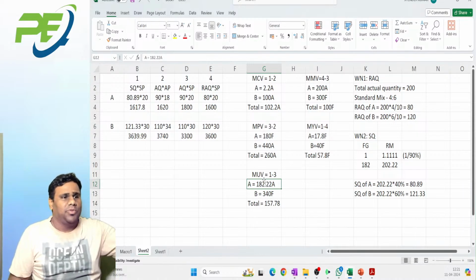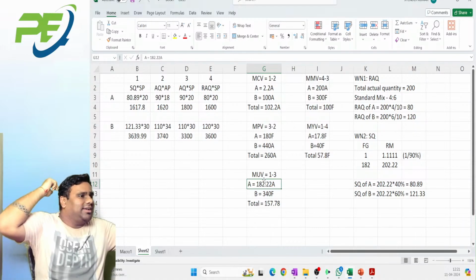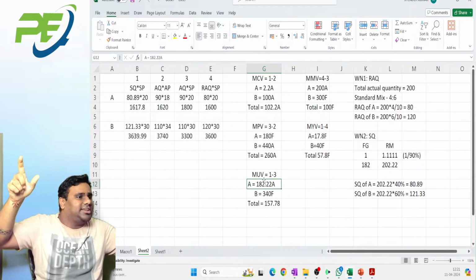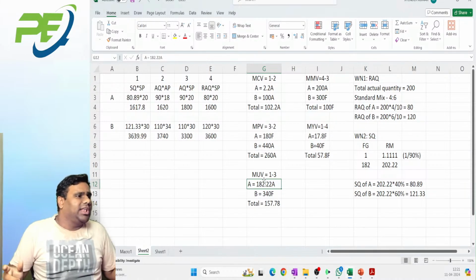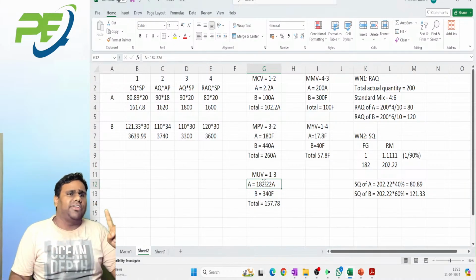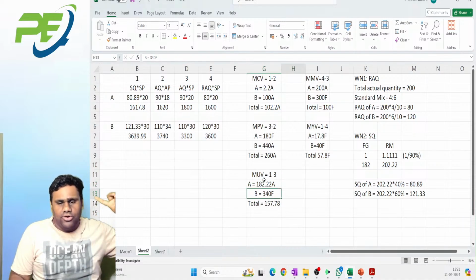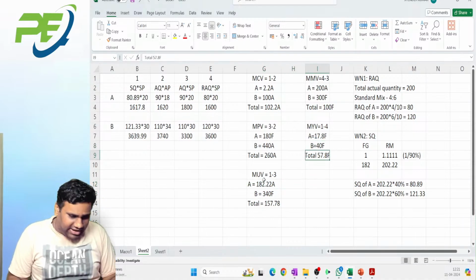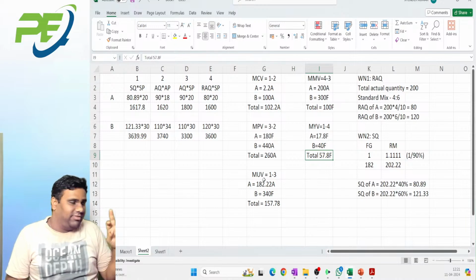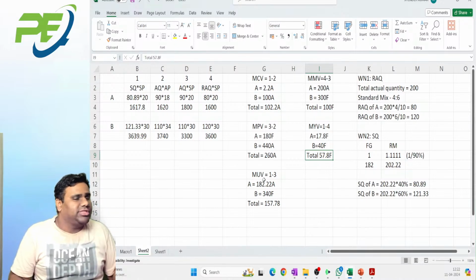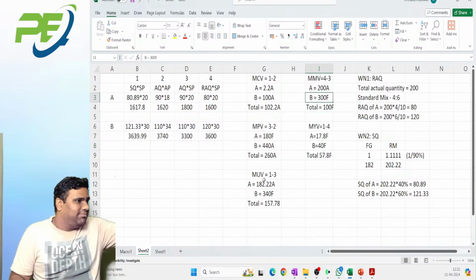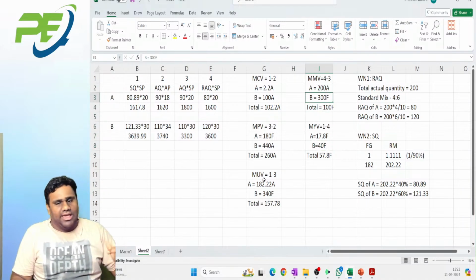So now our variances are right. We are clear with three: cost variance, price variance and usage variance, but we are not clear with mix and yield. So let me explain that.